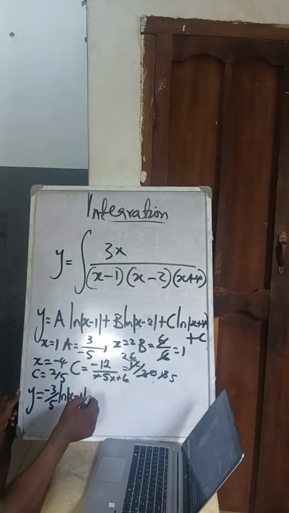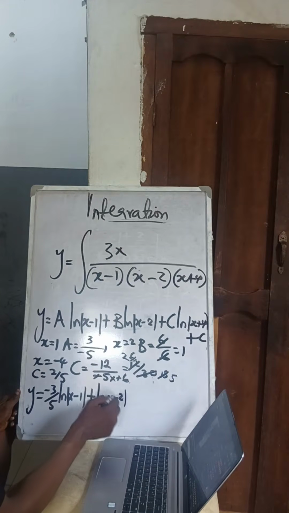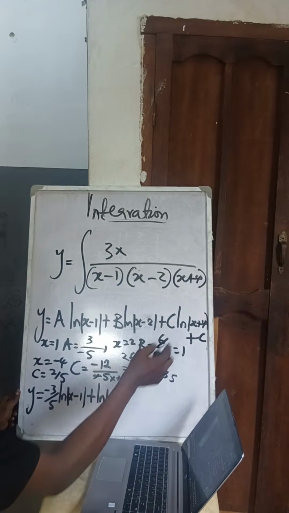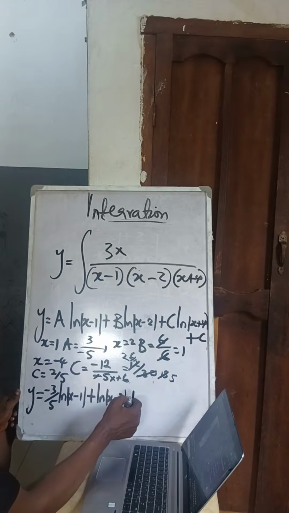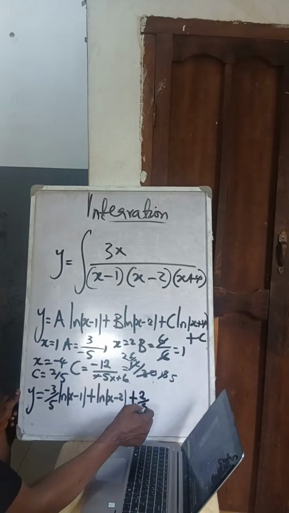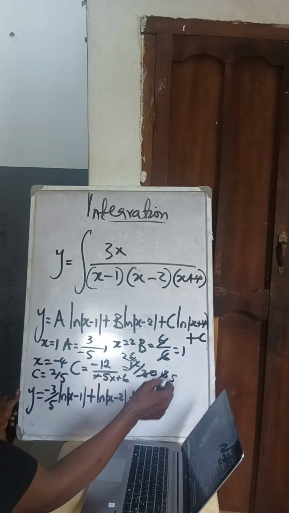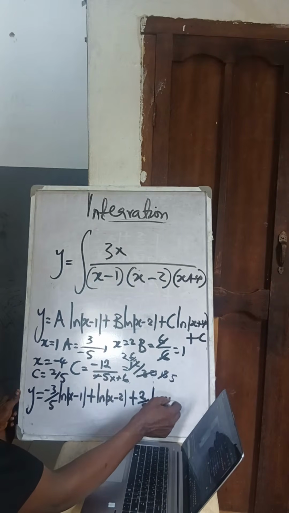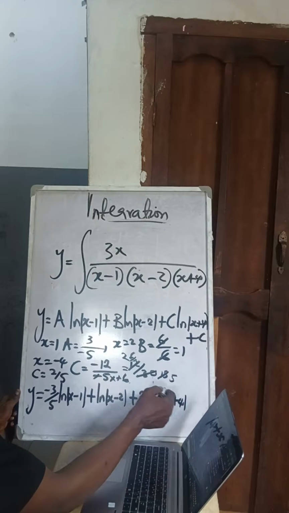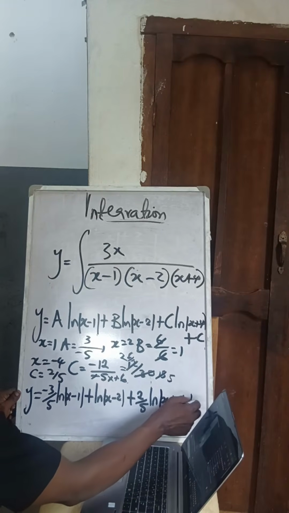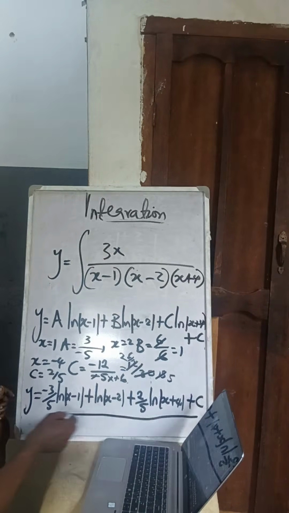So you have plus 1 over (x minus 2). So what is C? You have plus 2 all over 5 times (x plus 4). So this is the final answer.